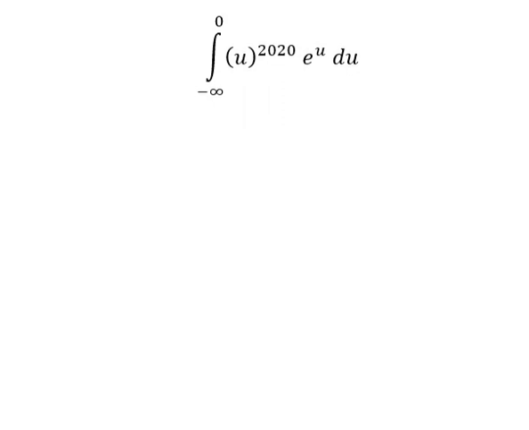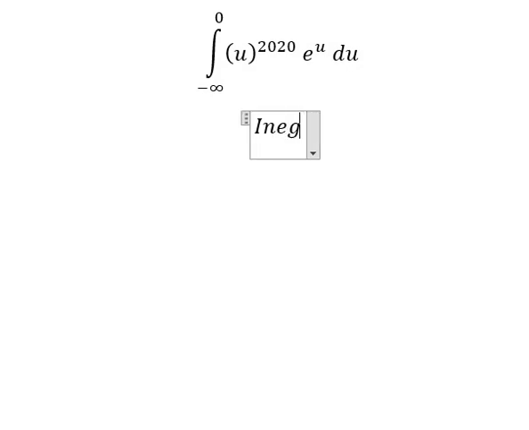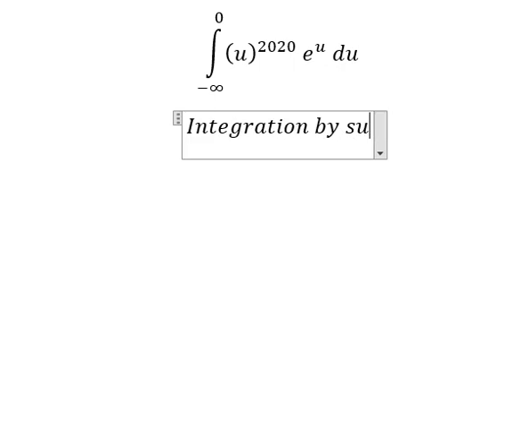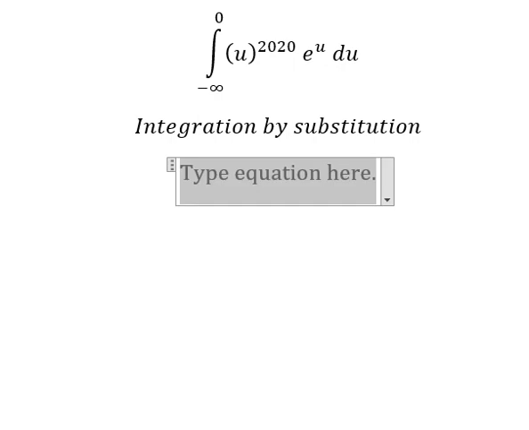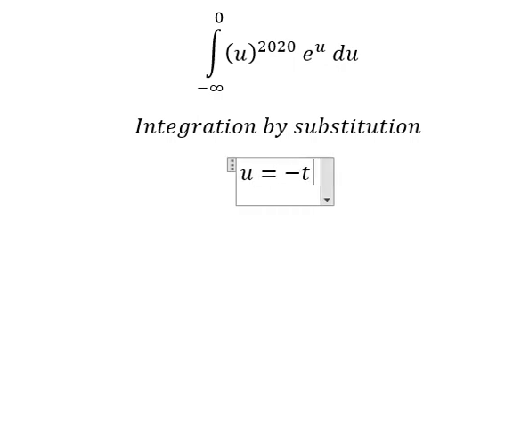Now we can use another integration by substitution. So I will put u equals negative t. Later that we need to do first the derivative for both sides, and we have du equals negative dt.